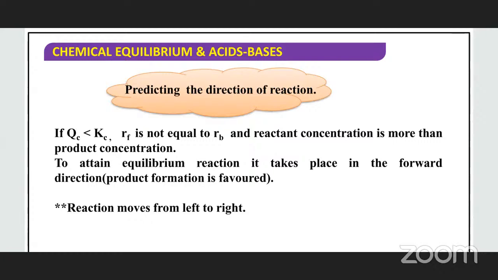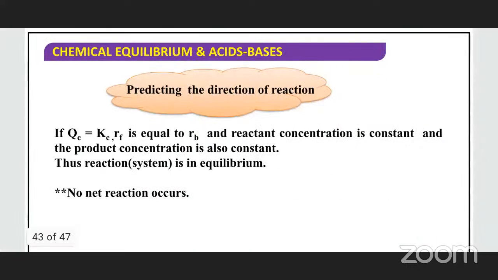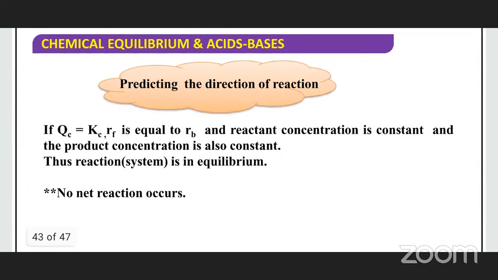Product formation is favored. Reaction moves from left to right. If Qc is equal to Kc, Rf is equal to Rb, reactant concentration is constant and product concentration is also constant. Thus, the reaction system is at equilibrium.